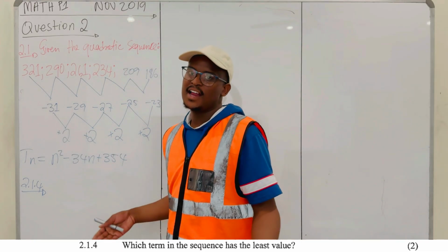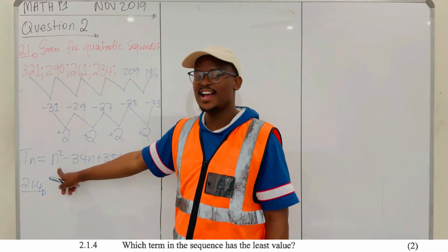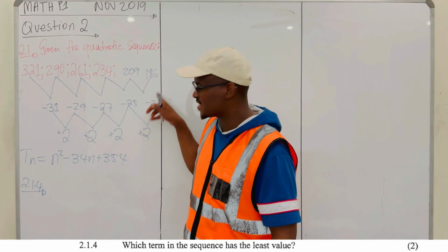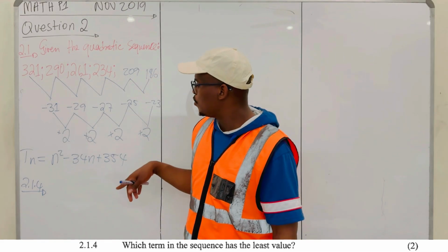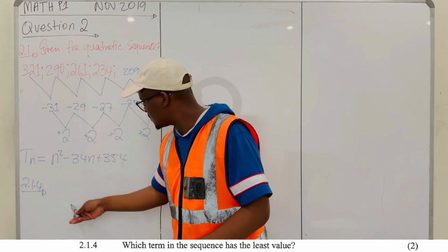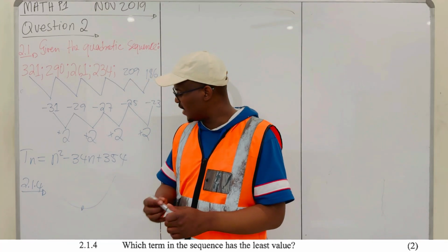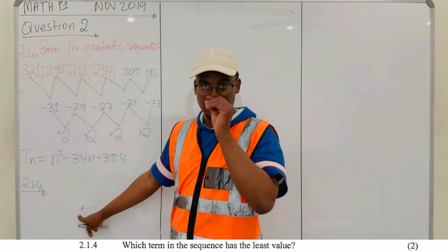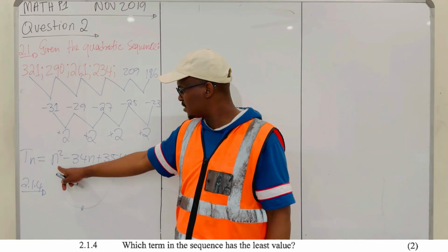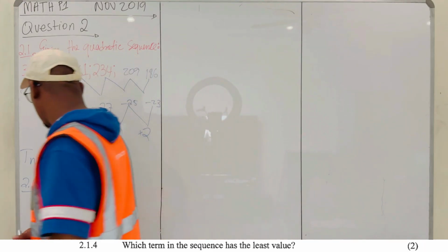And even this Tn will resemble the same shape. So they want the position of the lowest value on this Tn. Let's go and find that position.